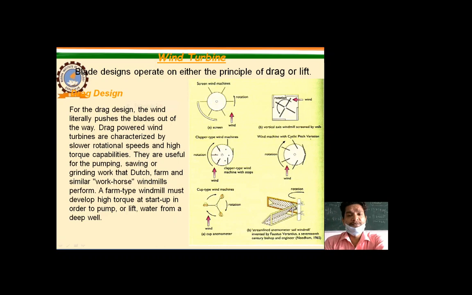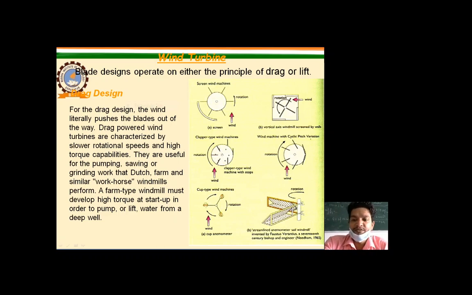Finally we have some information regarding different types of wind machines, and we are talking about the cup type anemometer, in which the cup shape is attached to this leg. What happens?